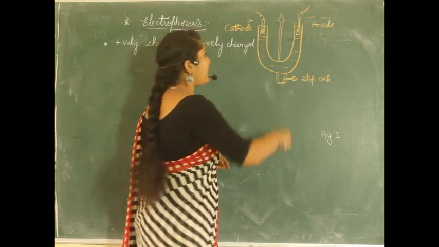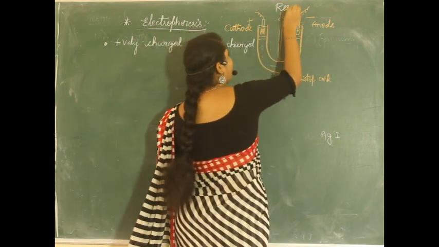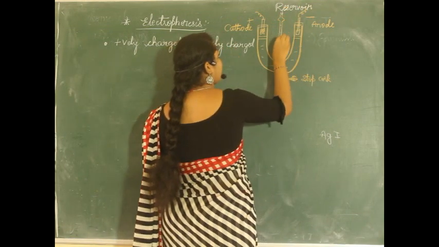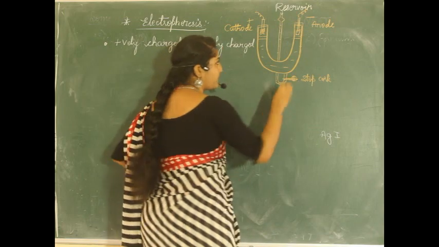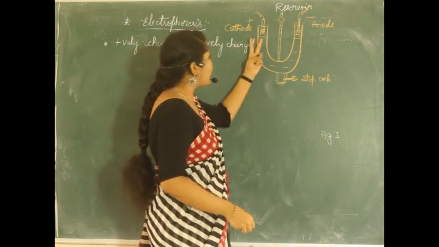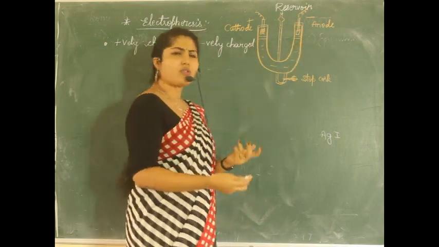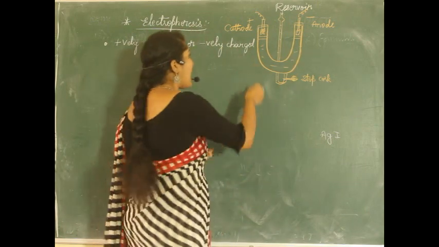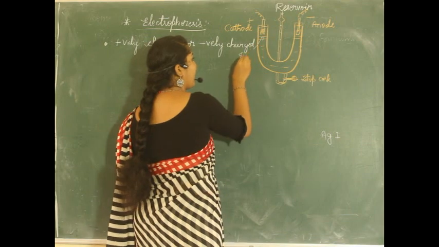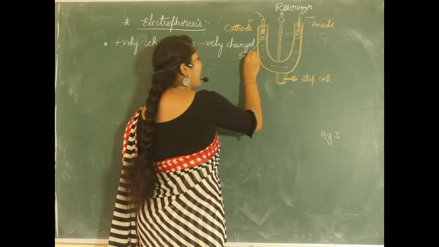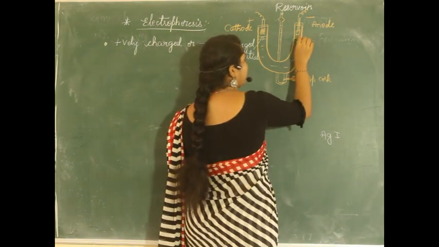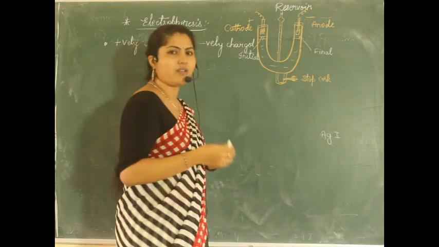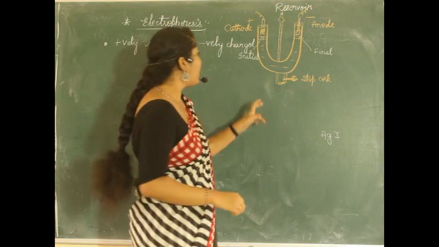Now this is a reservoir, through which you can add the colloidal solution. And you can see these two lines, isn't it? What usually will be done is, the colloidal solution will be filled in this, and this will be taken as the initial level, and they will make a mark. Here it is said to be the final level, or say initial level itself.